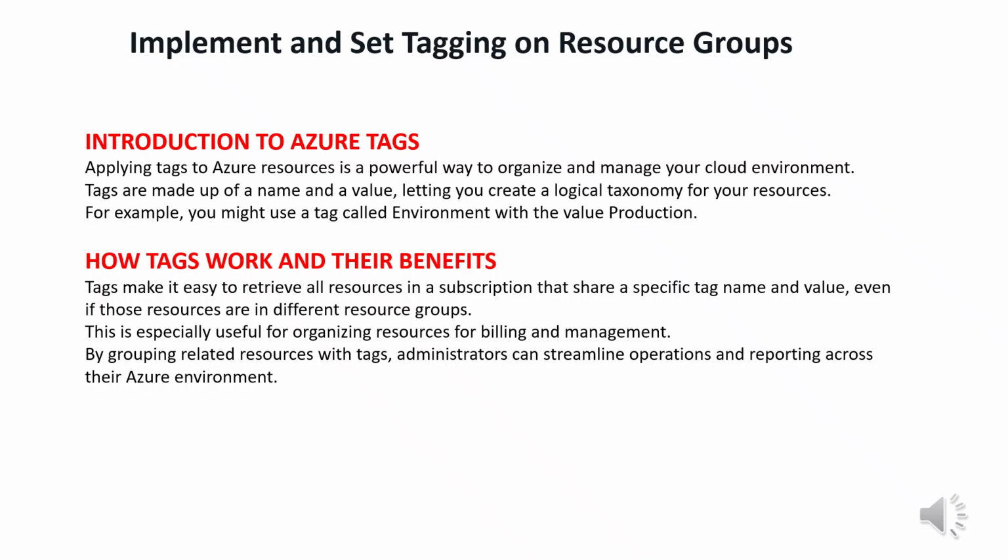Tags make it easy to retrieve all resources in a subscription that share a specific tag name and value, even if those resources are in different resource groups. This is especially useful for organizing resources for billing and management. By grouping related resources with tags, administrators can streamline operations and reporting across their Azure environment.